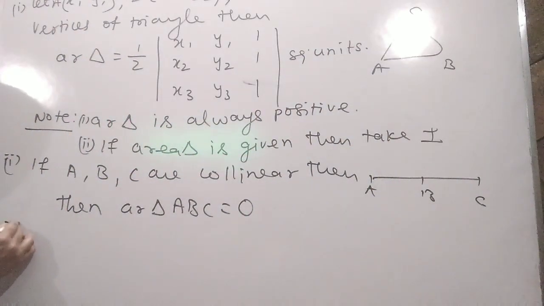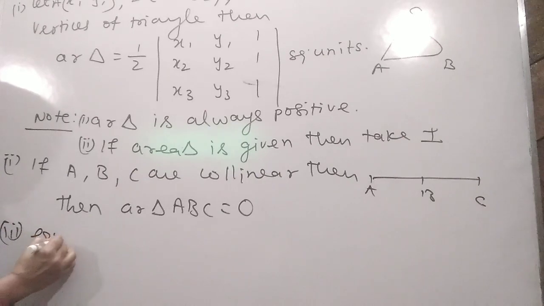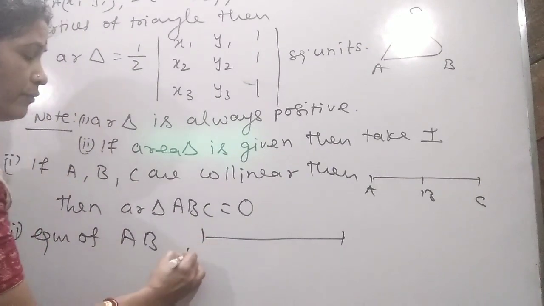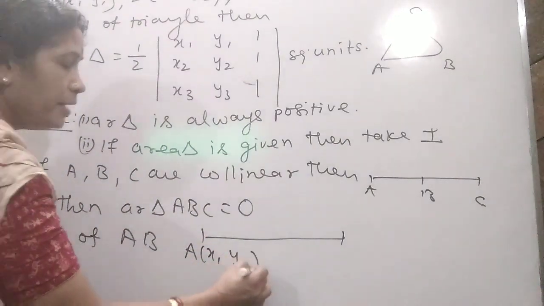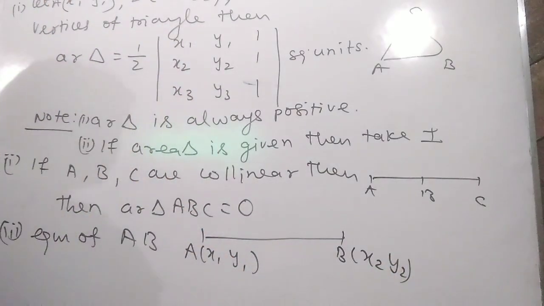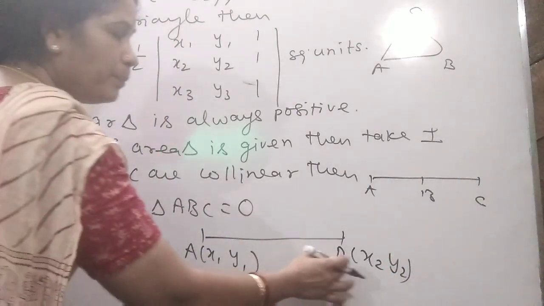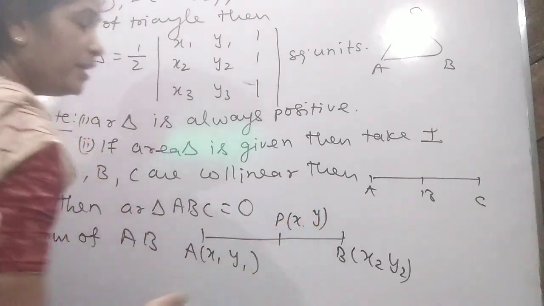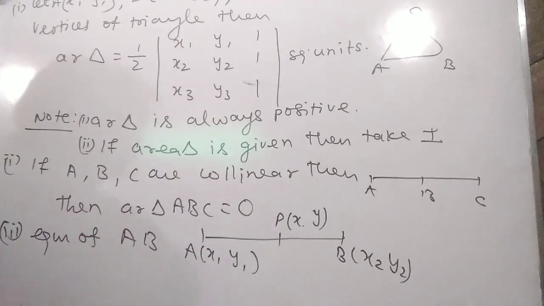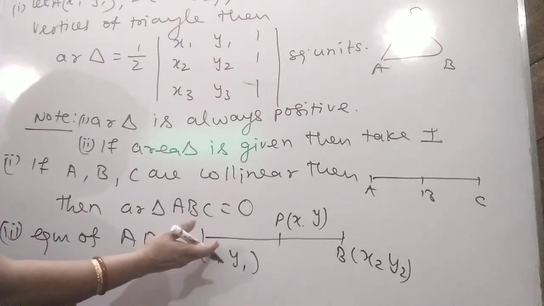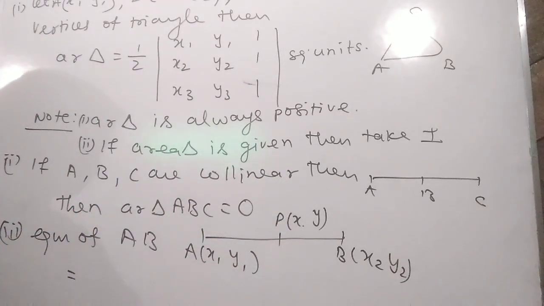Now the third formula: equation of AB. This is vertex A(x1, y1) and this is vertex B(x2, y2). We will even use this formula in area of triangle. Now let us take one arbitrary point (x, y), because we need the equation. Then the equation of AB is, since 3 points are collinear, the area of triangle is 0.